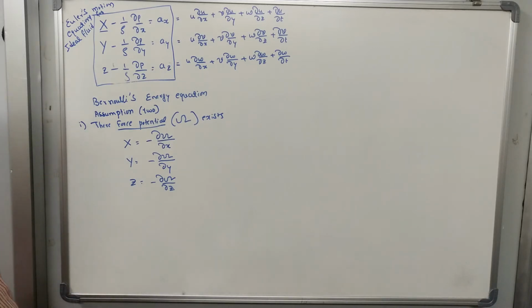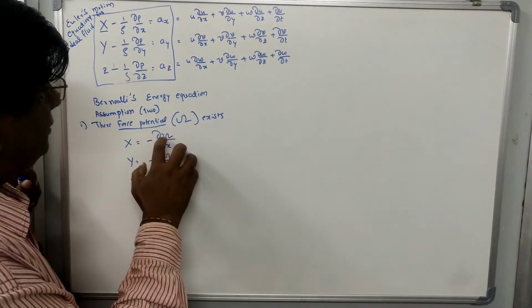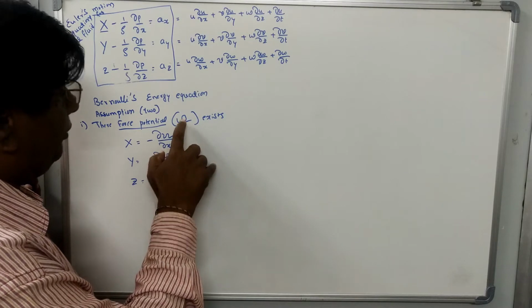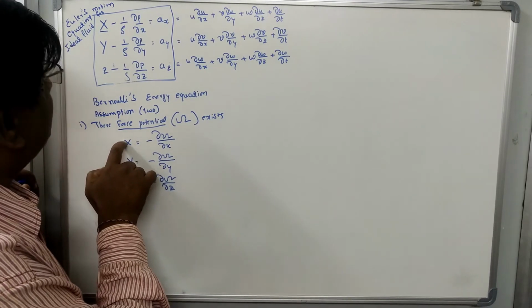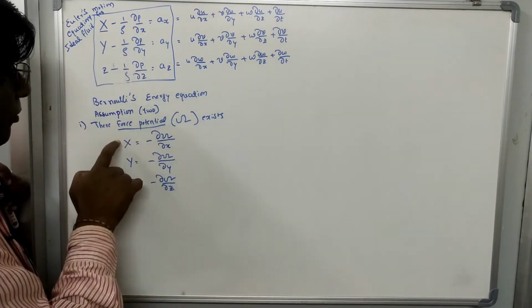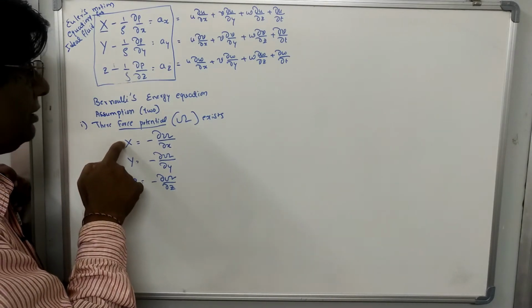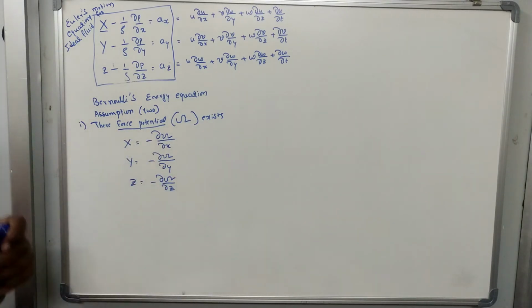Its negative derivative with respect to x gives you the body force per unit mass in the x direction. So this is the force potential.